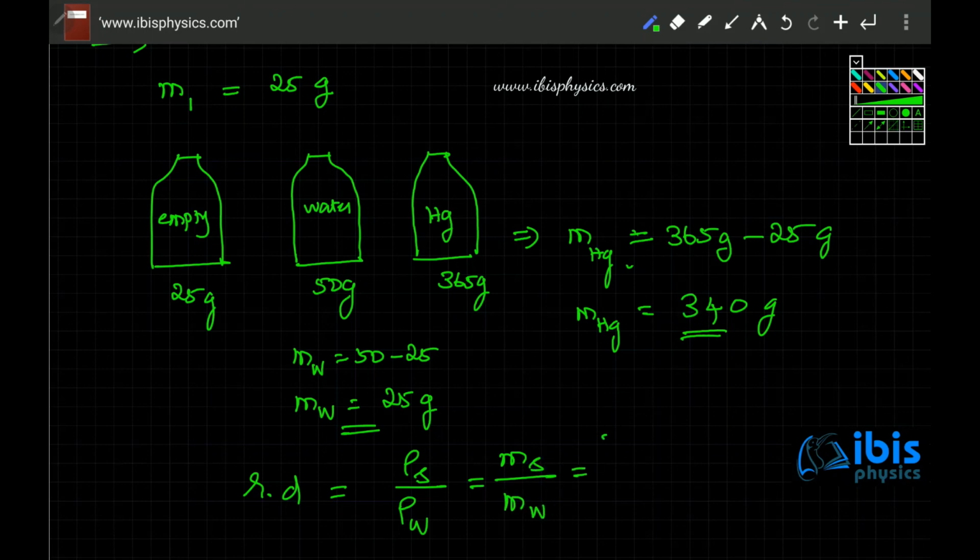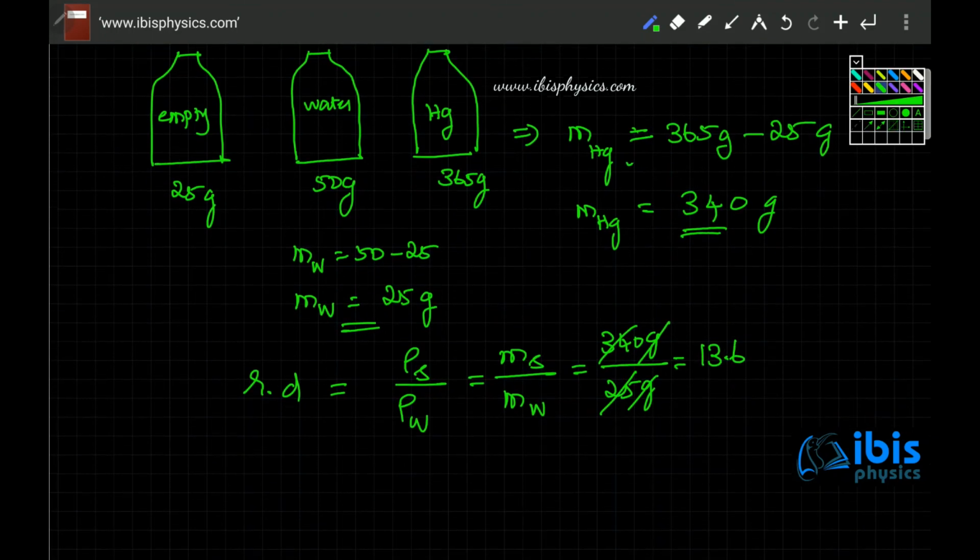Mass of the substance is 340 grams, so 340 grams by the mass of the water, 25 grams. If you divide this, 13.6 will come. So the density of mercury by the density of water is 13.6.